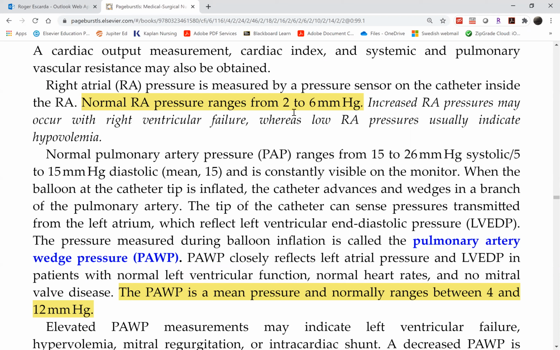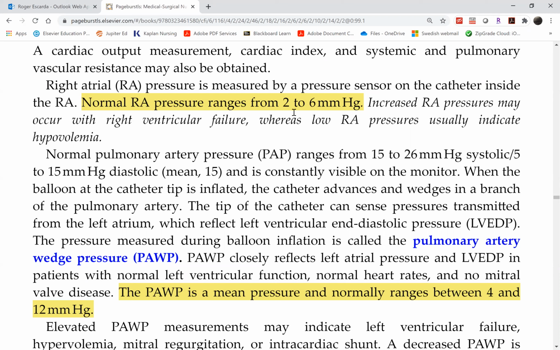It's typically low if the patient has any hypovolemic episode, whether they're volume depleted or bleeding, or as a result of too much diuretic therapy, because these patients do develop heart failure after an MI, so they'll be on diuretics. It may also indicate that maybe you've given too much diuretics.